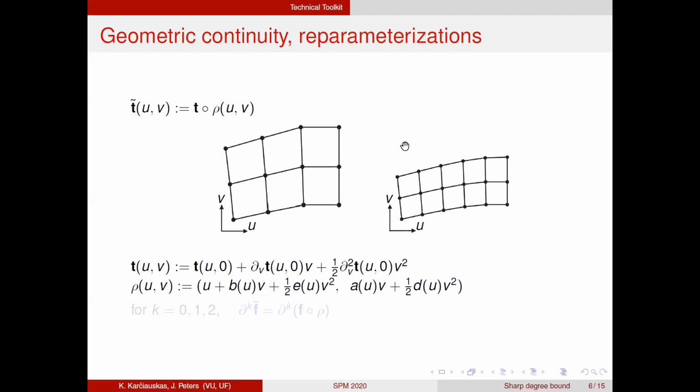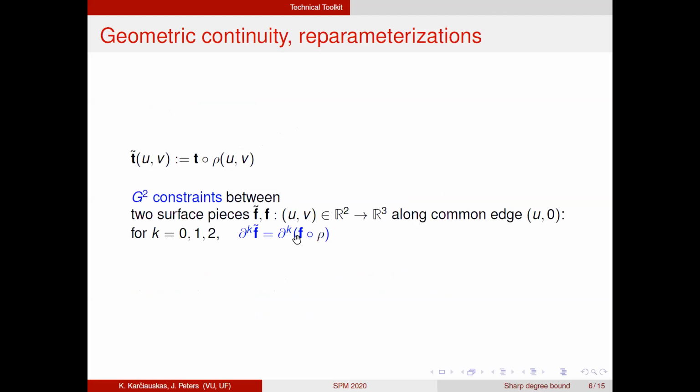In fact, the term G2 just means to compose with a reparametrization rho, and then match the derivative. So the G2 constraints between two surface pieces is just that. It's matching derivatives after change of variables by rho.